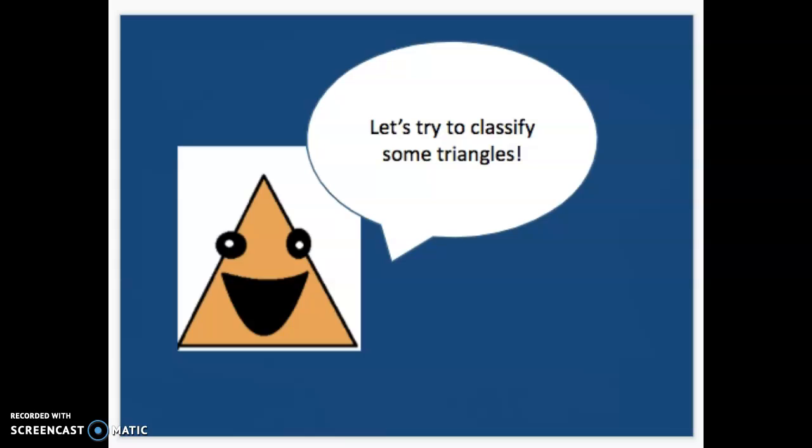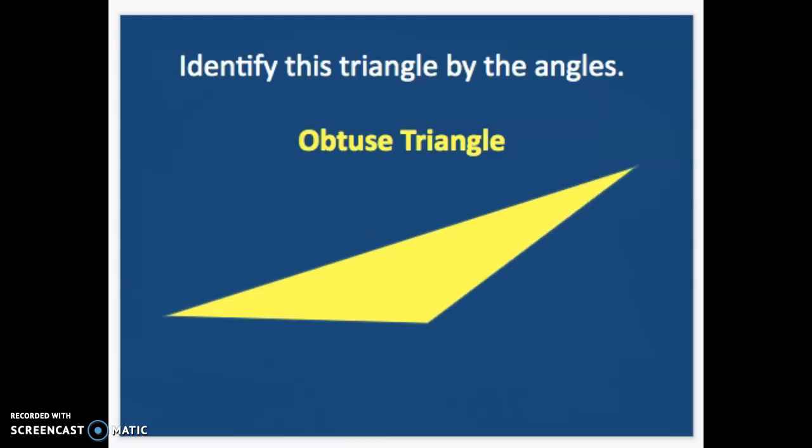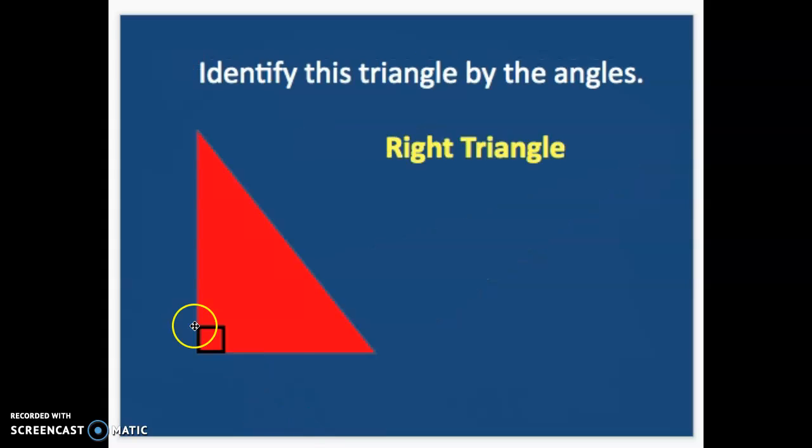Okay, so I'm going to display some triangles, and because it's not a PowerPoint presentation, it will say the names. So we're just going to go through these together. Because this triangle has an obtuse angle, this will be an obtuse triangle. Notice here, the one that stands out is this right angle here, so this will be classified as a right triangle.